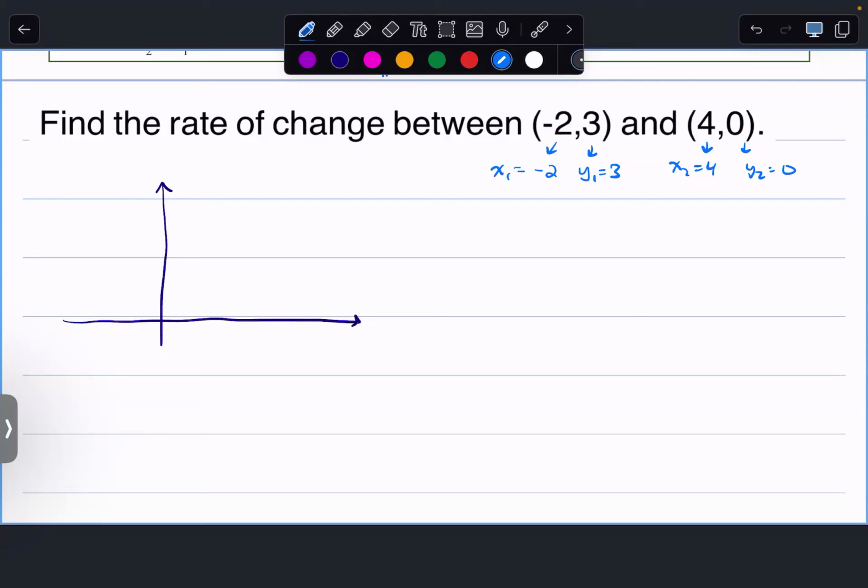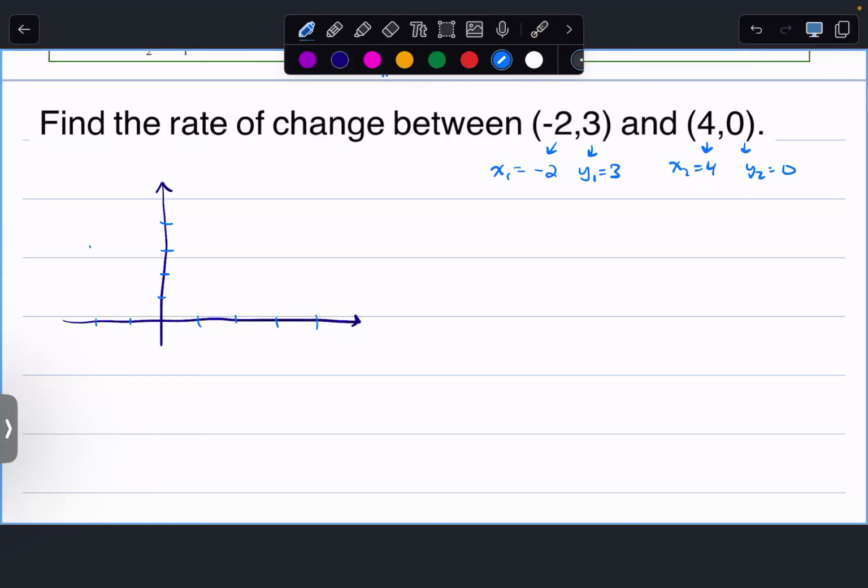Okay. I haven't really put any lines on here, but let's go like this. 1, 2, 1, 2, 3, 4. 1, 2, 3, 4. Good enough. X is -2. That's out here. Y is 3, 1, 2, 3.